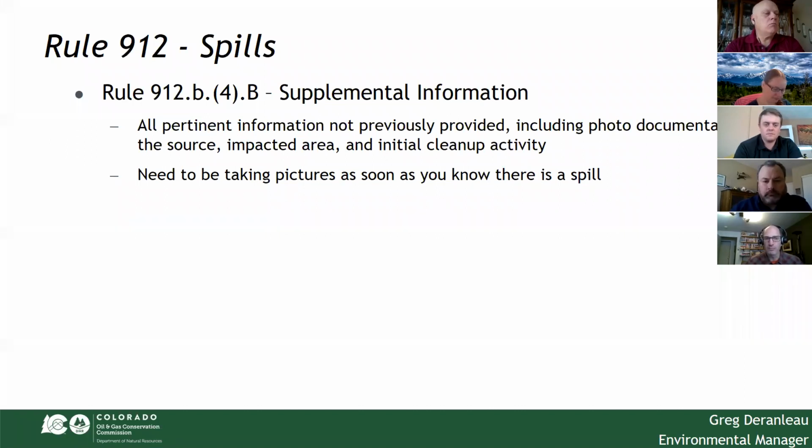Rule 912B4B requires, as stated here, all pertinent information not previously provided, including photo documentation of the source, the impacted area, and the initial cleanup area. So, really this just points to the fact that, as soon as you have a spill, you should be thinking about photo documenting your initial response actions, et cetera. Take pictures as soon as you know there's a spill.